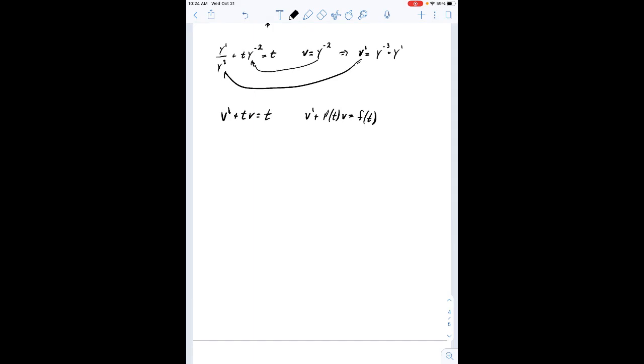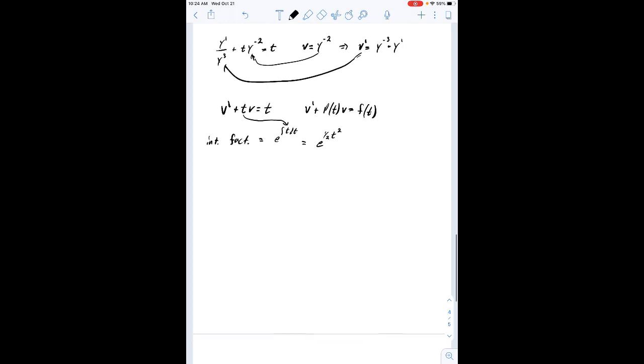So we say let our integrating factor be equal to e to the integral of t dt, which equals e to the 1/2 t squared. Okay, so we multiply this on both sides. e to the 1/2 t squared times v prime plus t v equals e to the 1/2 t squared times t.